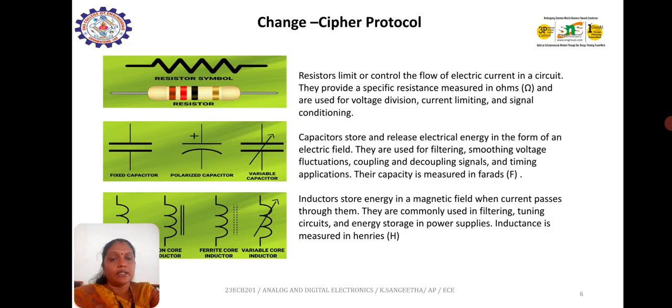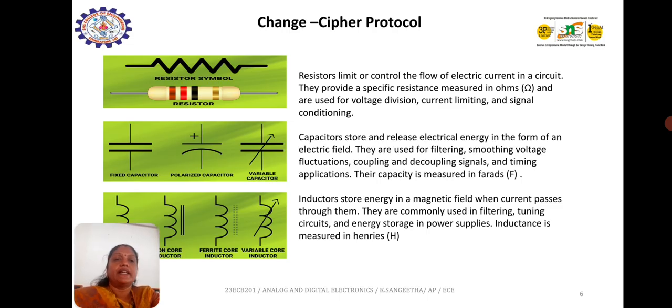The capacitor is used to store energy. If we apply a voltage, for example 2.5 volt, initially it will charge to 2.5 volt and then discharge. So it releases electrical energy in the form of an electrical field. They are mainly used in filtering and smoothing voltage fluctuations, and coupling operations.